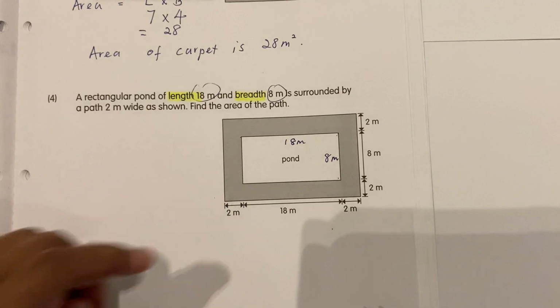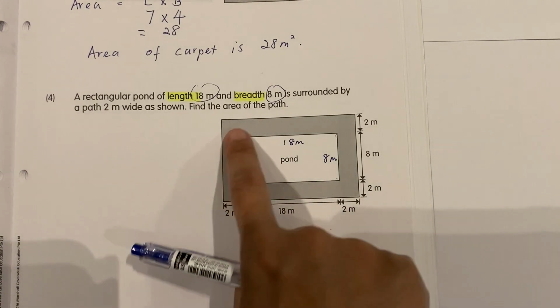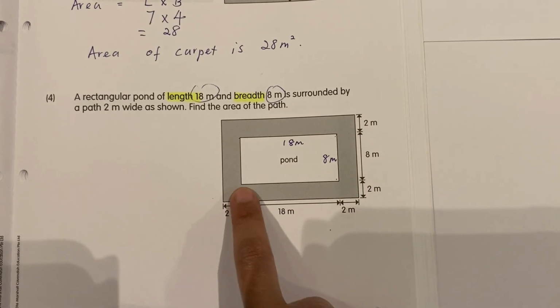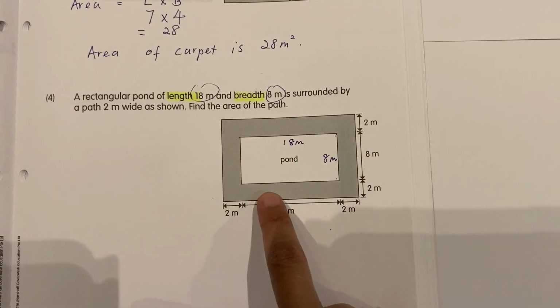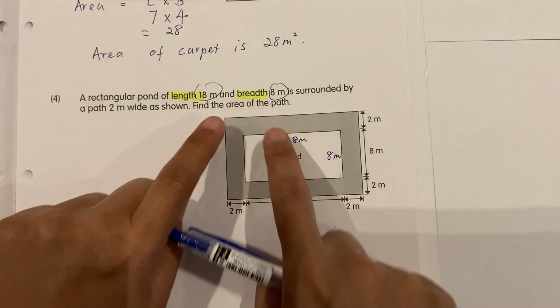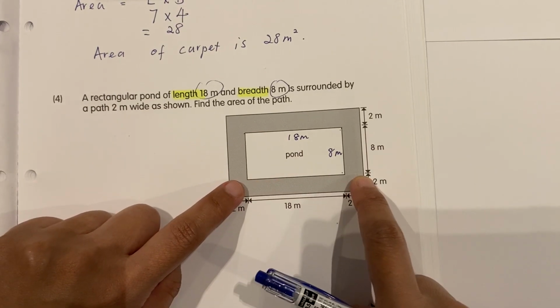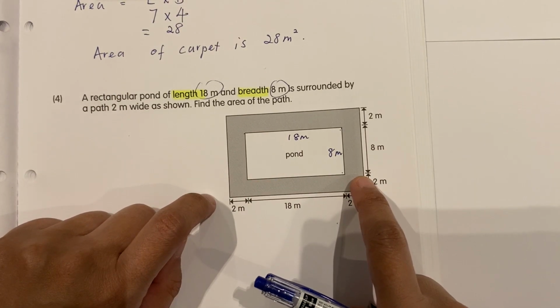All right. Now, this pond is surrounded by a path. Because if you have a pond, then you want people to walk around it, right? So there is a pathway now around the pond. And this path is 2 meter wide.